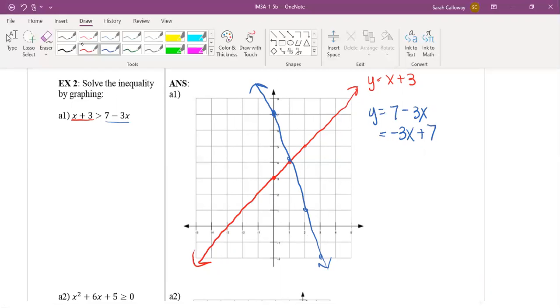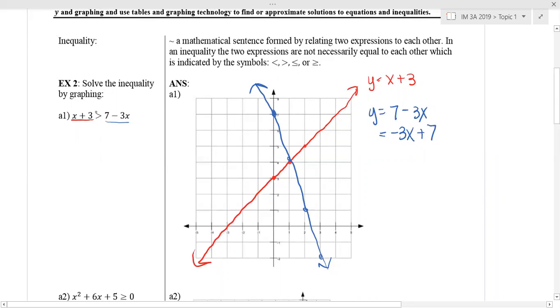And so when I'm looking at x plus 3 is greater than 7 minus 3x, the answer is going to be the part of the domain where the graph for y equals x plus 3 is above the graph for 7 minus 3x.